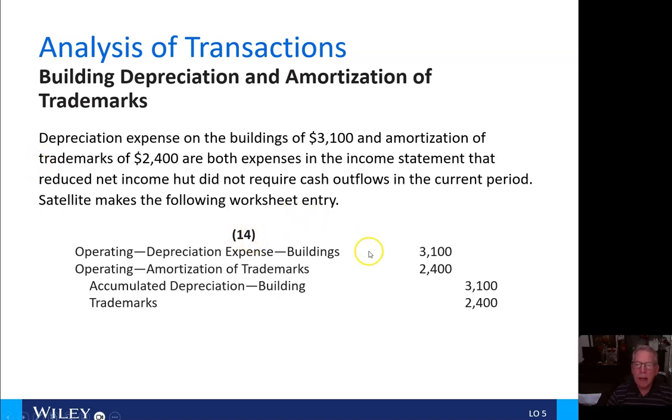So, Satellite makes the following worksheet entry in the operating section. The depreciation expense buildings will be added back to cash with the debit, and in the operating section, the amortization of trademarks will also be added back as a non-cash expense. Accumulated depreciation on the building gets a $3,100 credit, and trademarks $2,400.